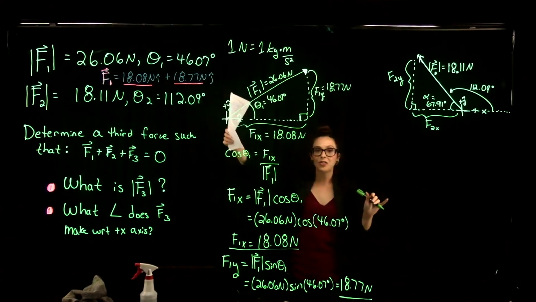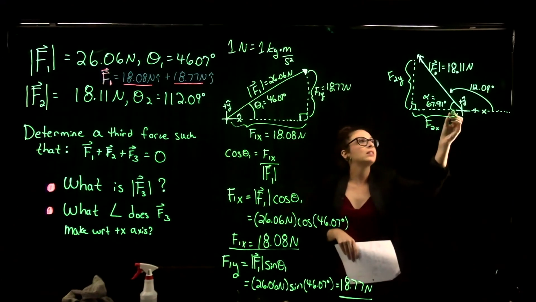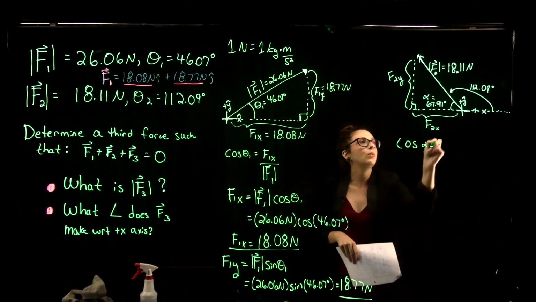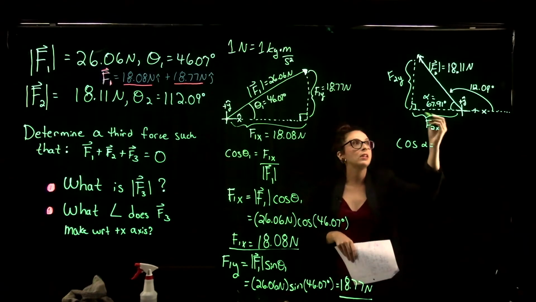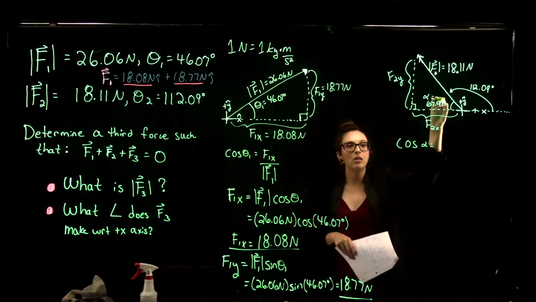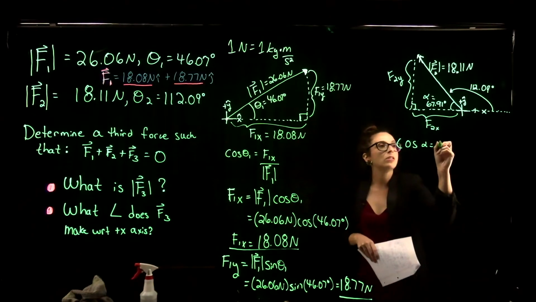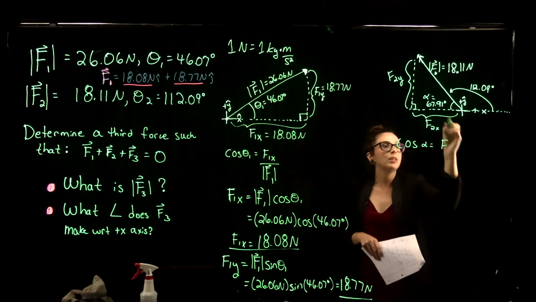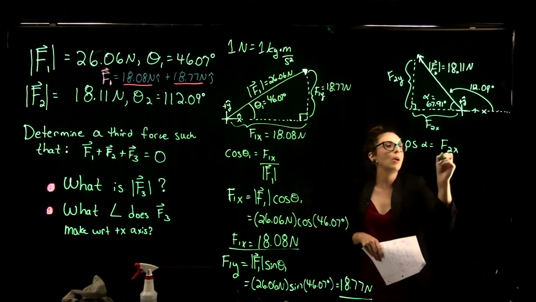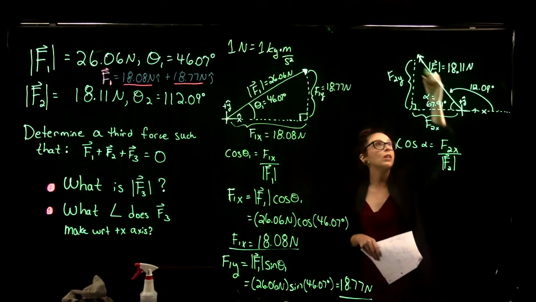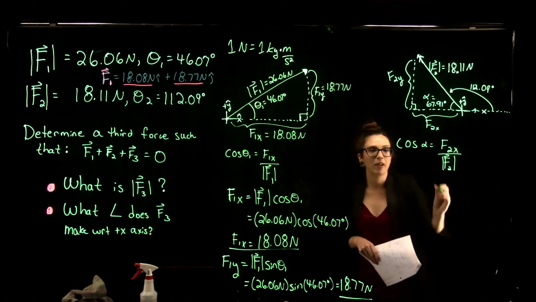So just like over here, let's start with cosine alpha. Cosine is equal to the adjacent over the hypotenuse. So cosine of this angle right here is equal to the adjacent side, which is the x component of this vector, over the hypotenuse, which is the magnitude of vector F2.